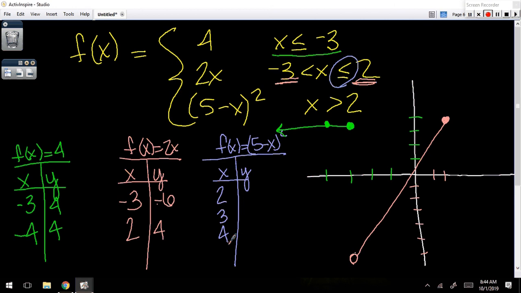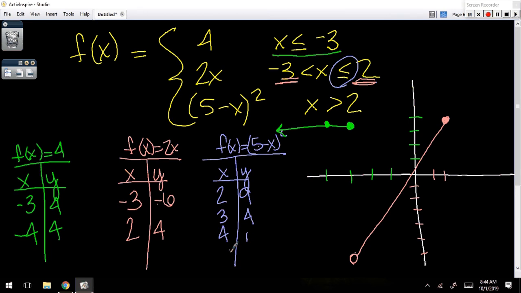That might be enough and it might not be. 5 minus 2 squared is, 5 minus 3 squared is, 5 minus 4 squared is... I don't have enough. I haven't dipped and started coming back up.